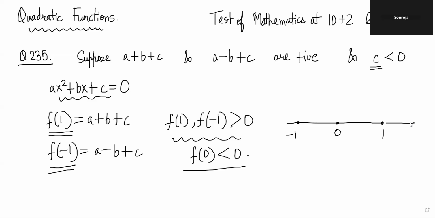How do you know that? So far, all that we know is that f of 1 is positive, f of minus 1 is positive, and f of 0 is negative. Now, from there to the answer B, you have to explain the logic behind it.